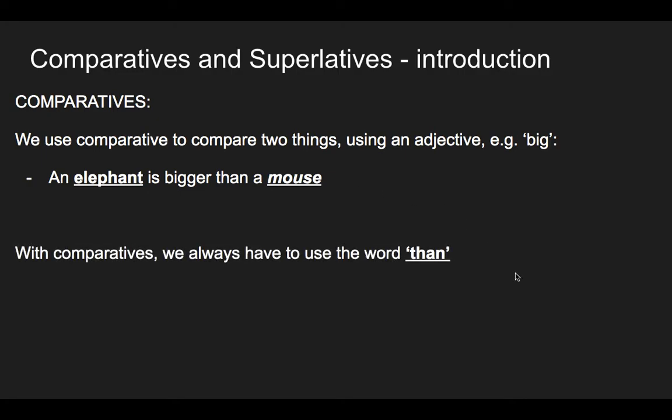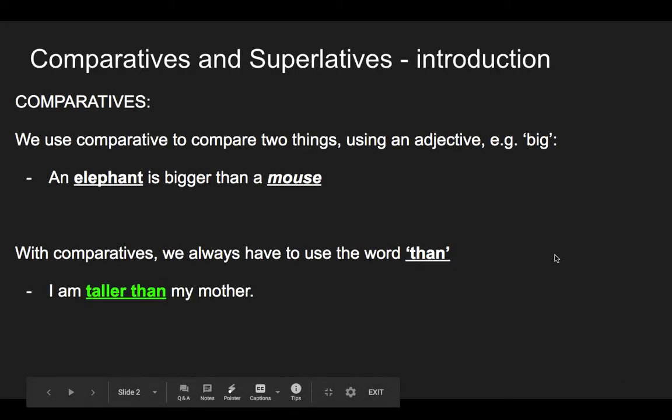With comparatives we always have to use this word. It's very important we use this word, than. An elephant is bigger than a mouse. I am taller than my mother. So first thing, we always use this word than.